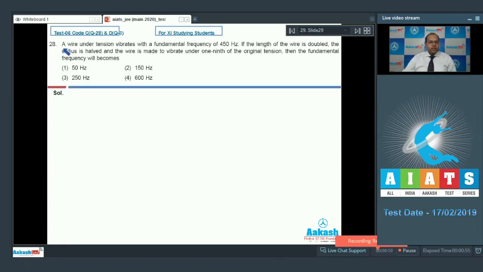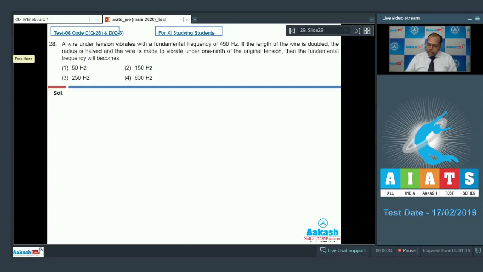In question number 28, a wire under tension vibrates with a fundamental frequency of 450 Hz. If the length of the wire is doubled, the radius is halved, and the wire is made to vibrate under 1/9 of the original tension, then the fundamental frequency becomes.